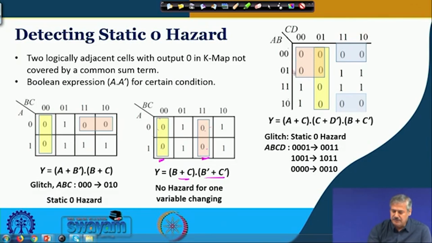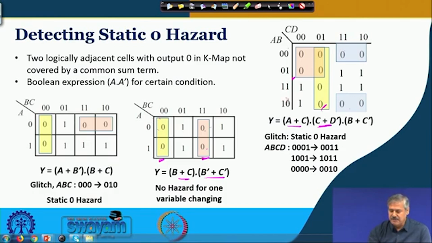This is one group, which generates the term (a plus c). Then we have this particular group, where all 4 zeros can be grouped together, generating (c plus d prime). The other zeros, these 2 zeros and these 2 zeros, can be part of one group of 4 members.